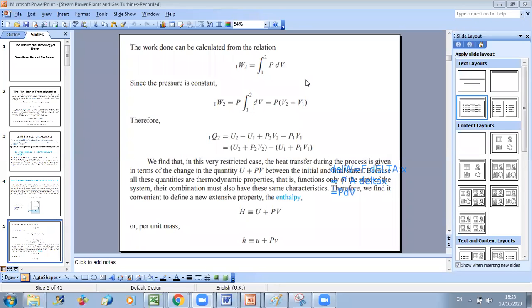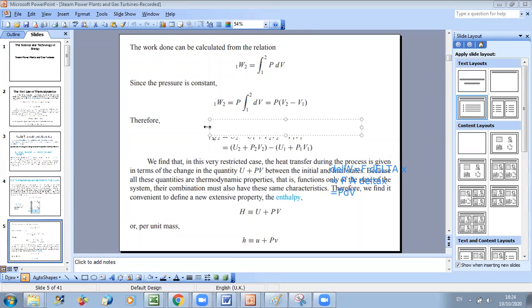So now I can say that the work term can be replaced by P times (V2 minus V1). And now if I go back to my first law of thermodynamics, what was my law?